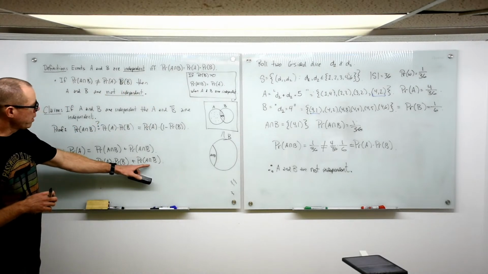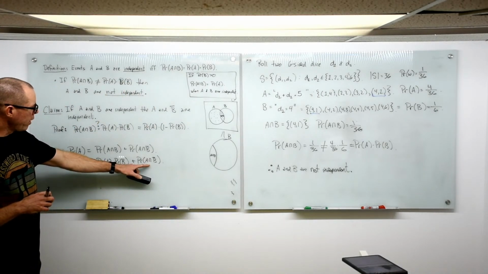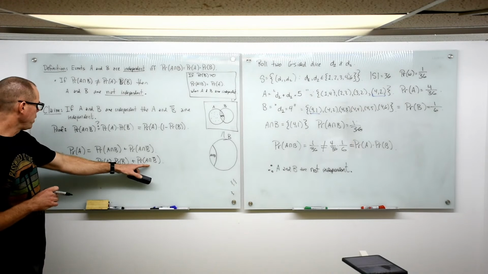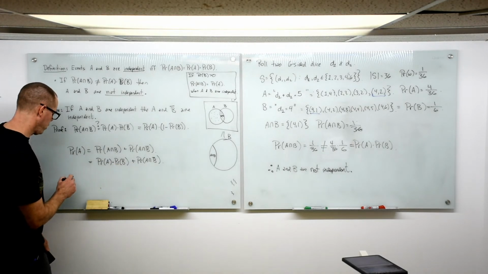Let's isolate this part, the probability of A intersect not B, because that's what we're trying to study.